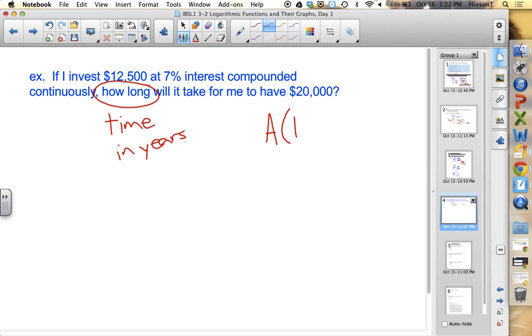That's what we'll use. So try to set up the equation. We'll talk about solving it here.